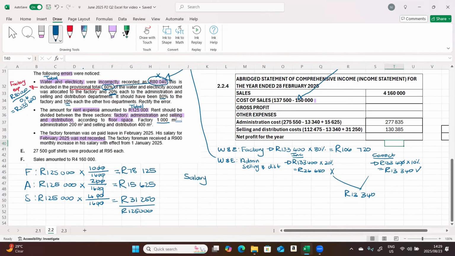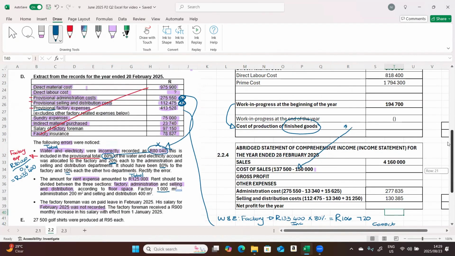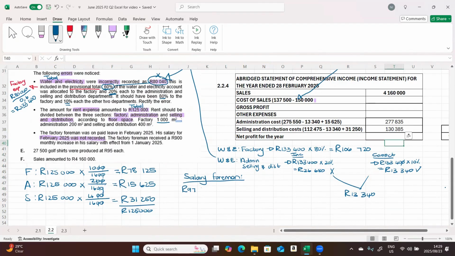So our salary of our foreman. When we read that first sentence, that means that the total of 97,150 that we have in our balance is only for 11 months, because we did not record the 12th month's salary yet.